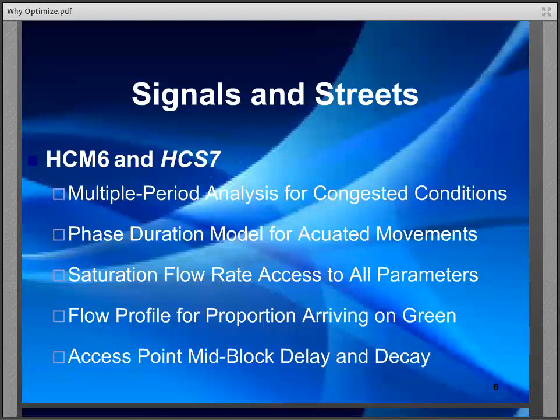And that flow profile process accounts for the fact that access points for driveways and unsignalized side streets influence the effect of those platoons, slowing them down and breaking them up, making it very much more difficult to arrive on the green. And that is modeled in this procedure, and most of the time it's not modeled, and that makes it look a lot better than it really will in the real world.